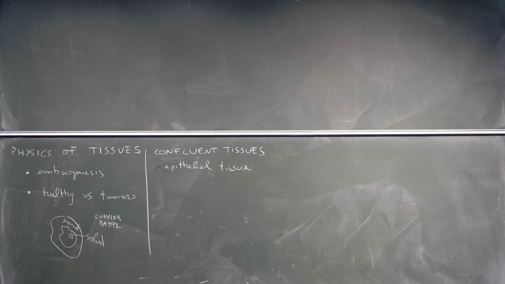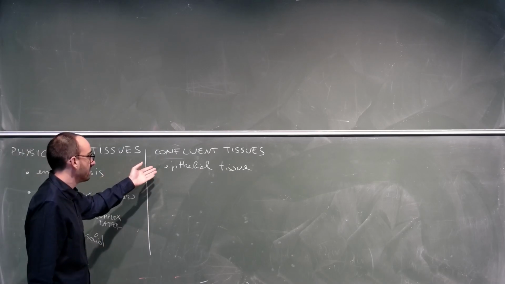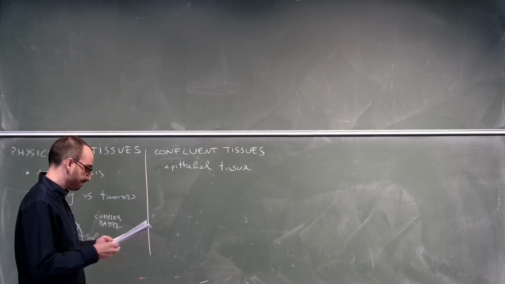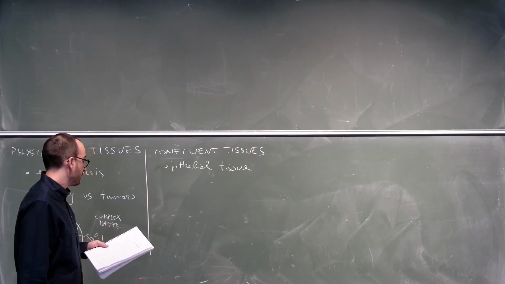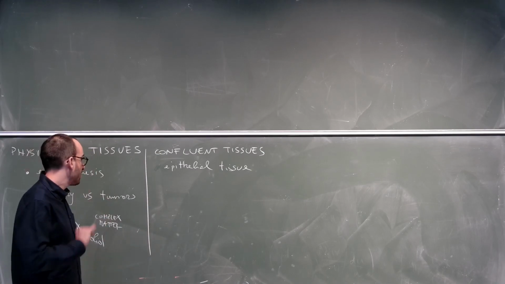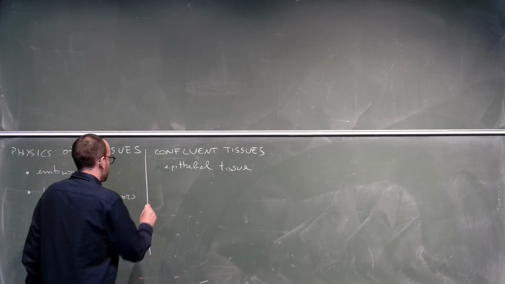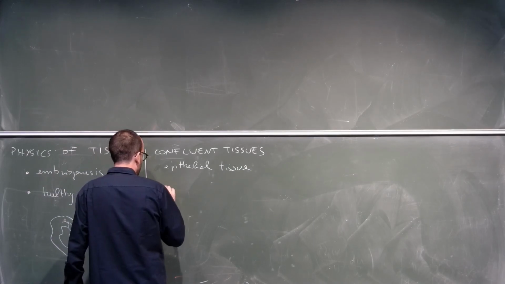Very recently, there have been a lot of models developed to study numerically these kinds of things. I will not review all the models, but I will focus on one of them that is called the Voronoi model.